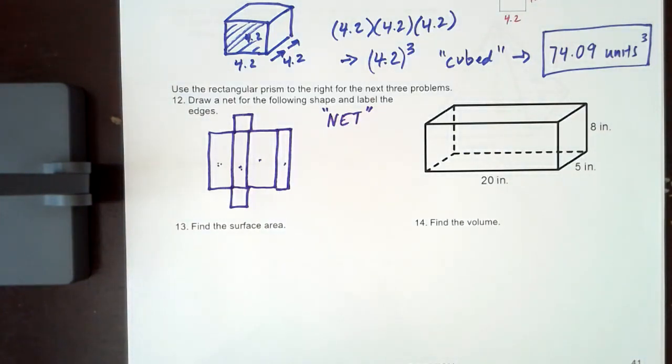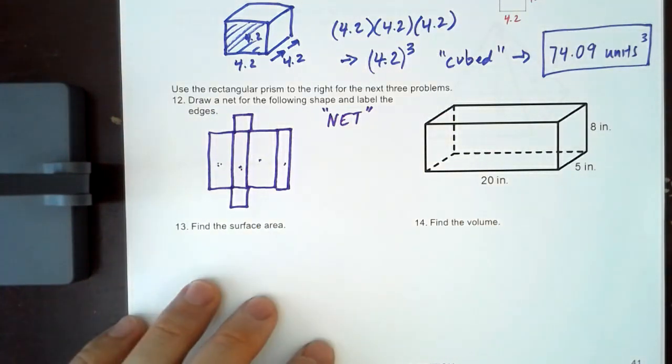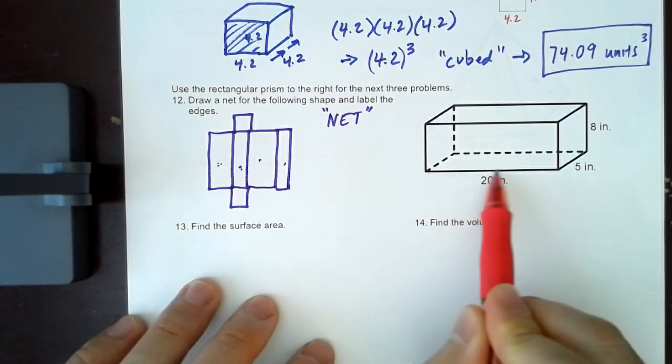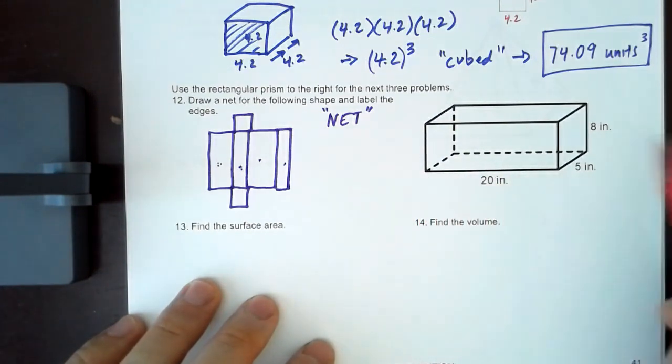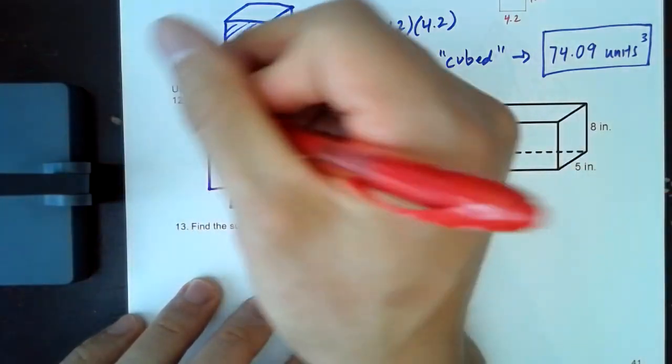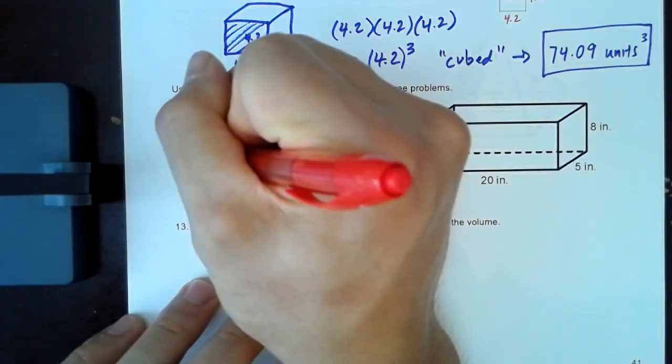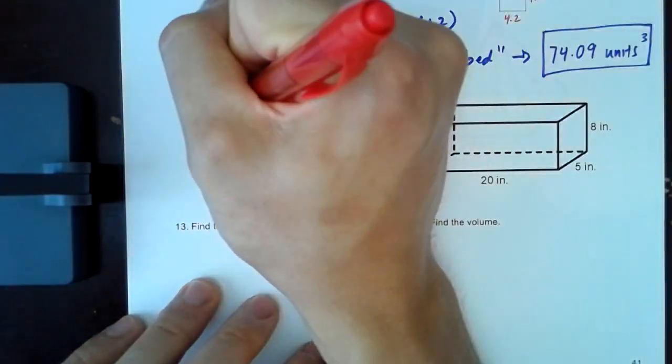Now, to me, it's actually kind of hard to visualize the edges, but let's just try our best. 20 is right here, 5 is right there. So I know that this is 20 and this is the 5.